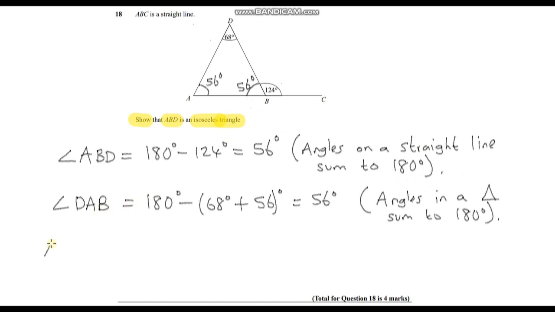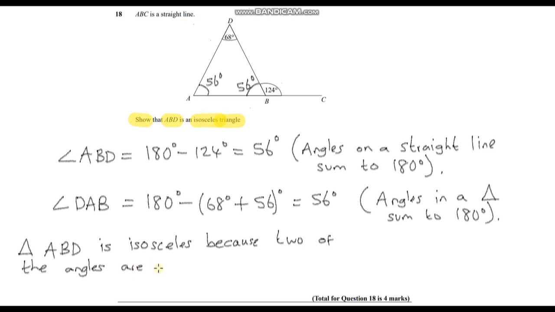We can say that triangle ABD is isosceles because two of the angles are congruent, or you could write just the same.